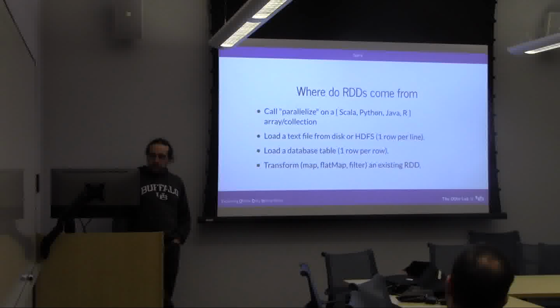Okay, so RDDs. Spark gives you a couple of different ways of constructing an RDD. So I said, what is an RDD, but where do they come from? If you have any collection type, a list or an array in Python, Scala, or Java, or a list in R, Spark gives you a special parallelize function that magically turns it into an RDD.